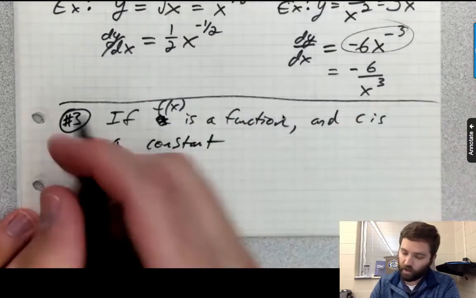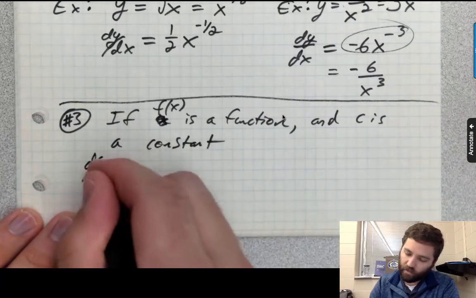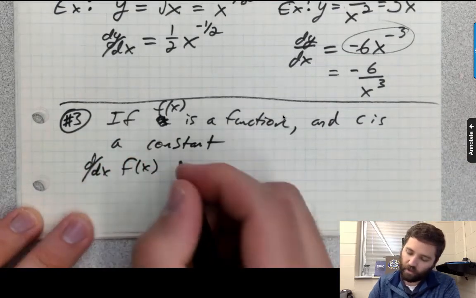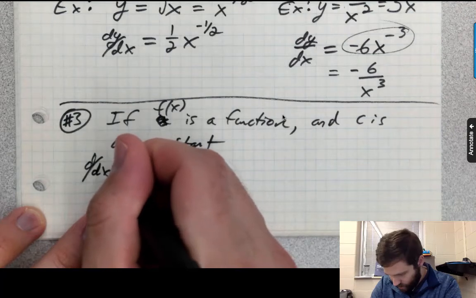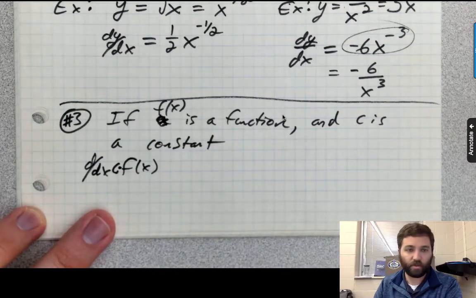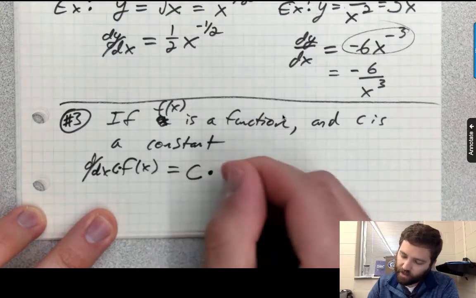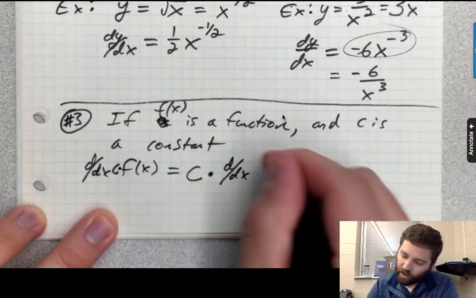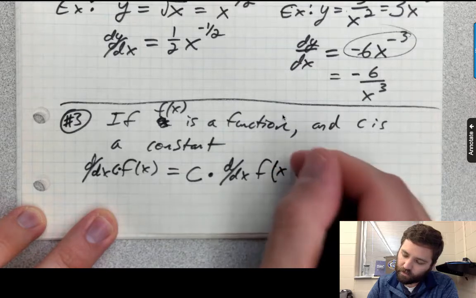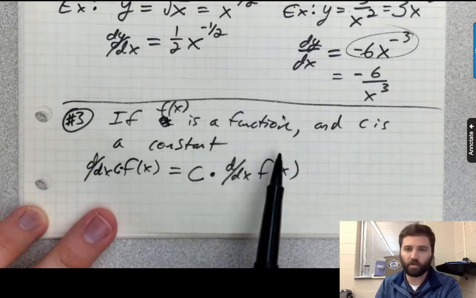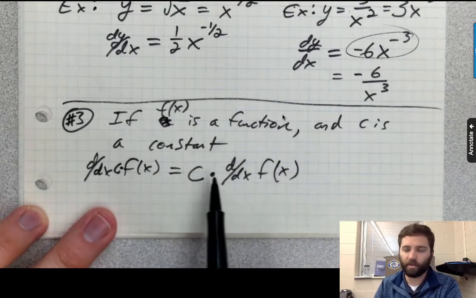Then we can write this for our rule. If I want to take the derivative with respect to x of c times f of x, so some constant times f of x, that is equal to c times the derivative of the function. In other words, you can just take the derivative of the function on its own and then multiply by the constant.